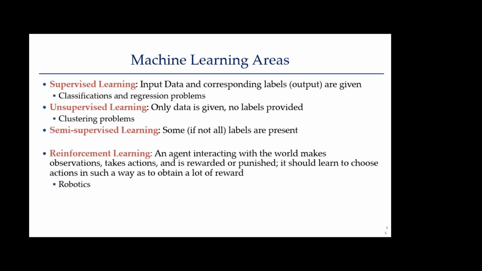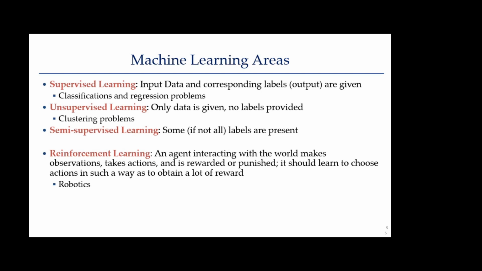Examples of supervised learning are classification and regression problems. There is also unsupervised learning, where only data is given and no labels are provided. A typical case for this is clustering problems. Sometimes we can have semi-supervised learning, where some labels are present and some are not.